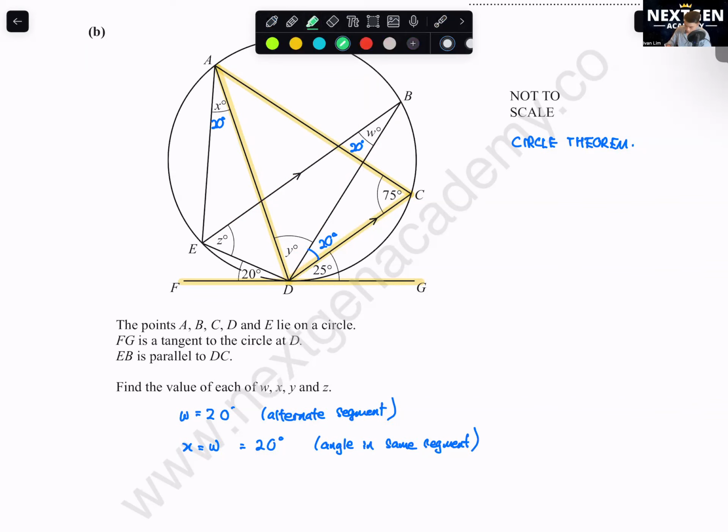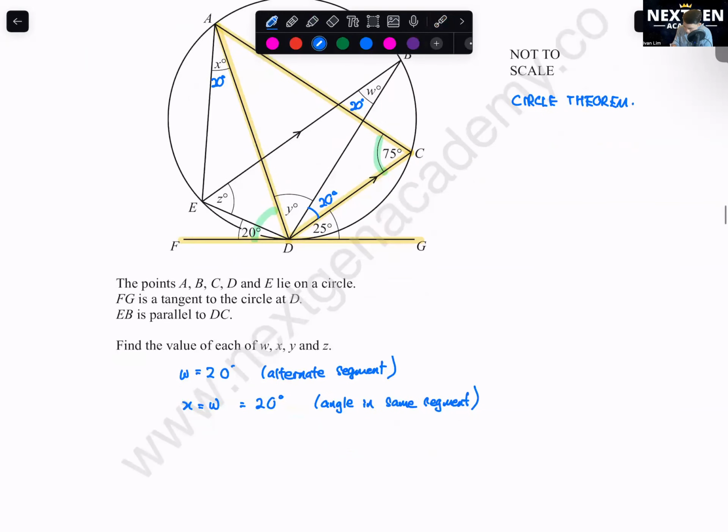You all see here? This entire angle and this entire angle are equal because of alternate segment theorem. So what is this small angle here? This small angle here is equal to 75 minus 20, which is equal to 55 degrees, because of alternate segment.